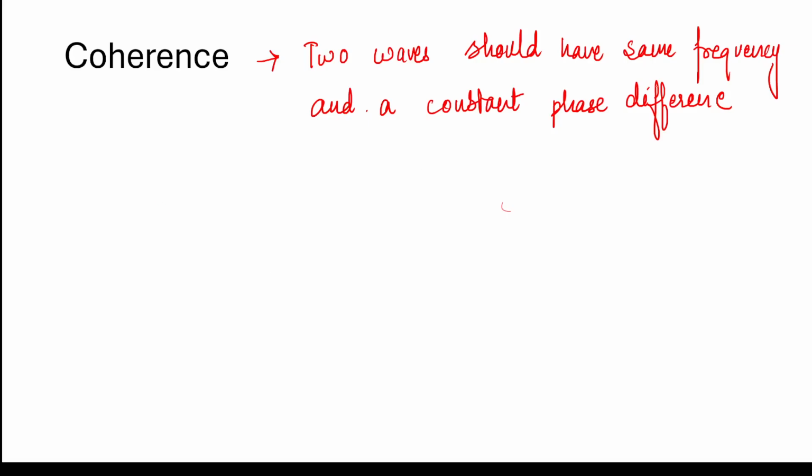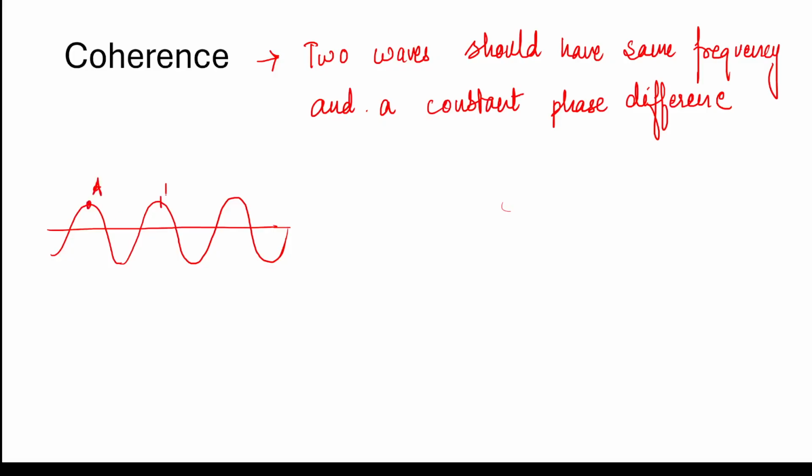Now you understand what is frequency. To understand phase difference, first let's understand a wave. Let's try and make a wave here. Okay, for once my handwriting did not deceive me.